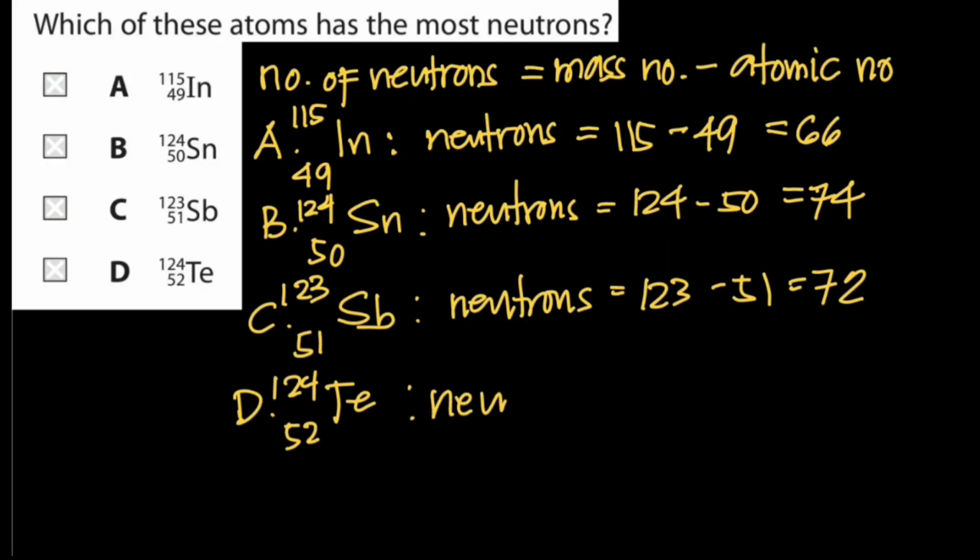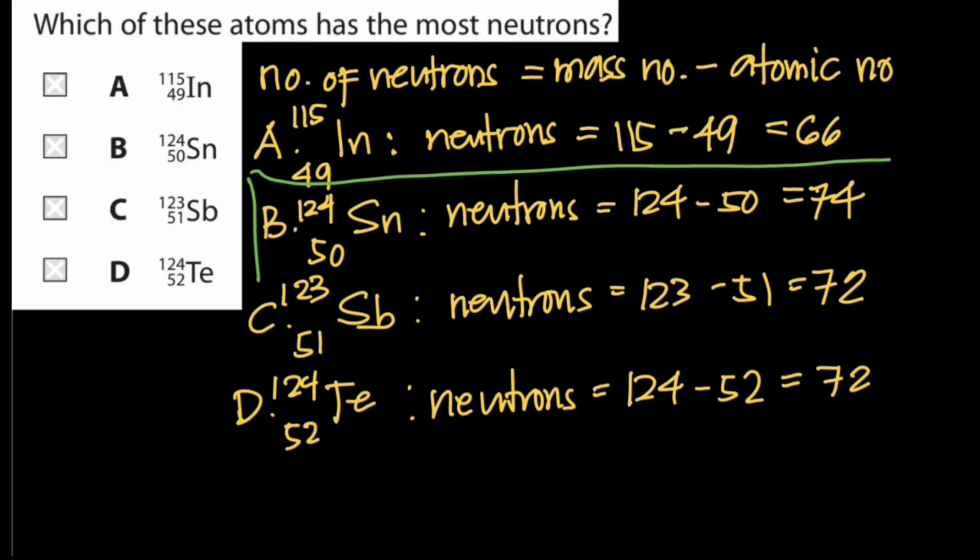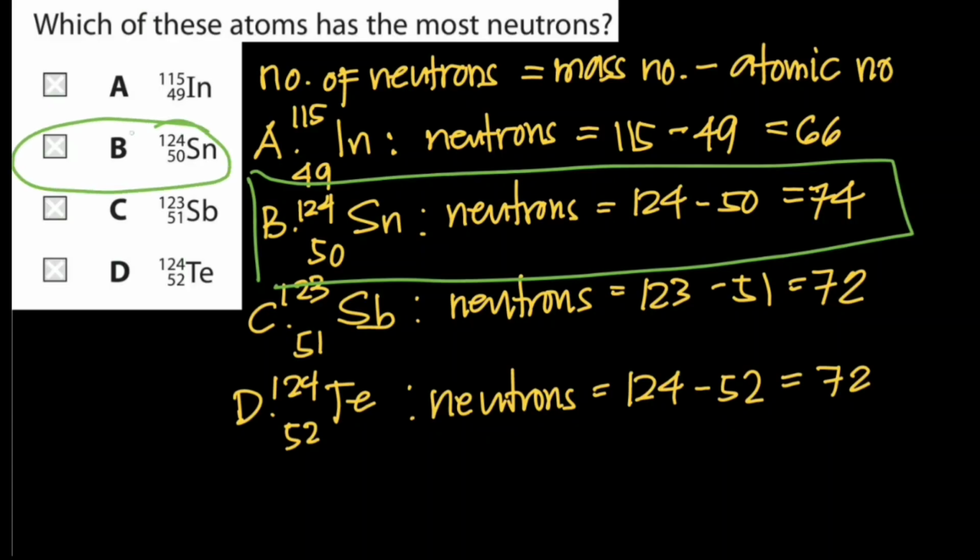So the number of neutrons here is equal to 124 minus 52, which is equal to 72. So among the given isotopes, the isotope of tin has the most neutrons. So the answer here should be letter B.